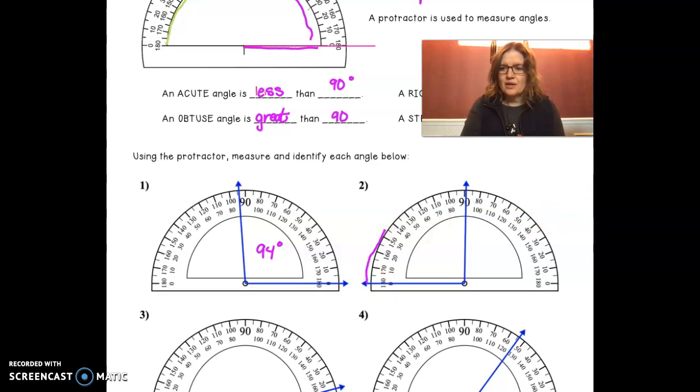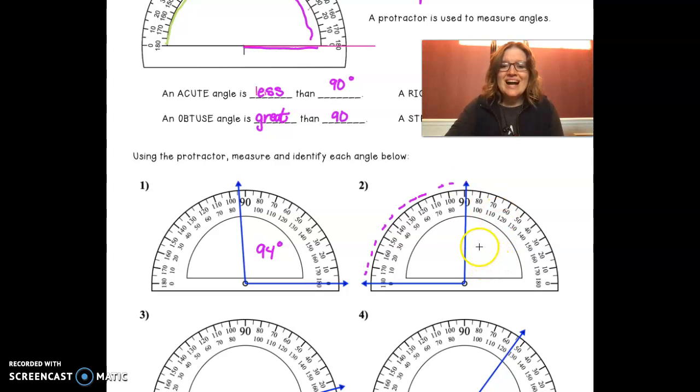But you can see if I were to do a little thing, then you could see that this is a little more than 90 degrees.